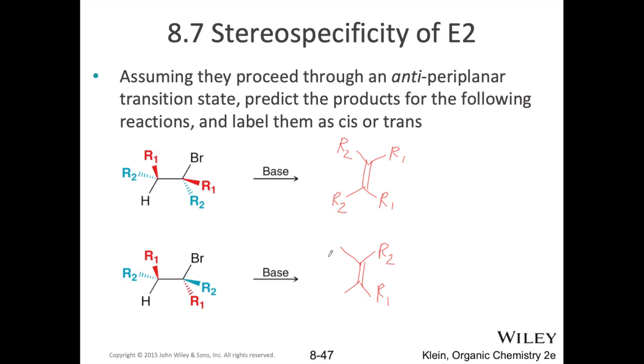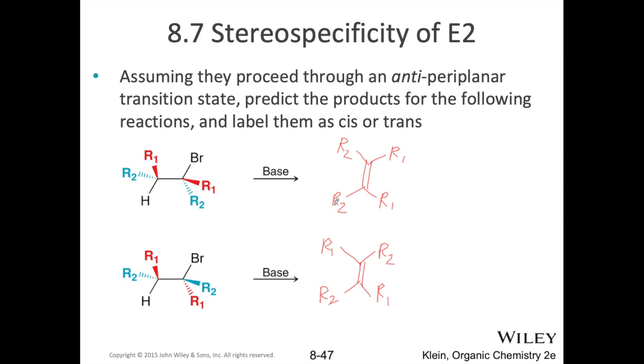R1 is going to be pointing to my left, and this R2 is also pointing to my left. Okay. So notice that here we have a trans isomer, and here we have the cis isomer.